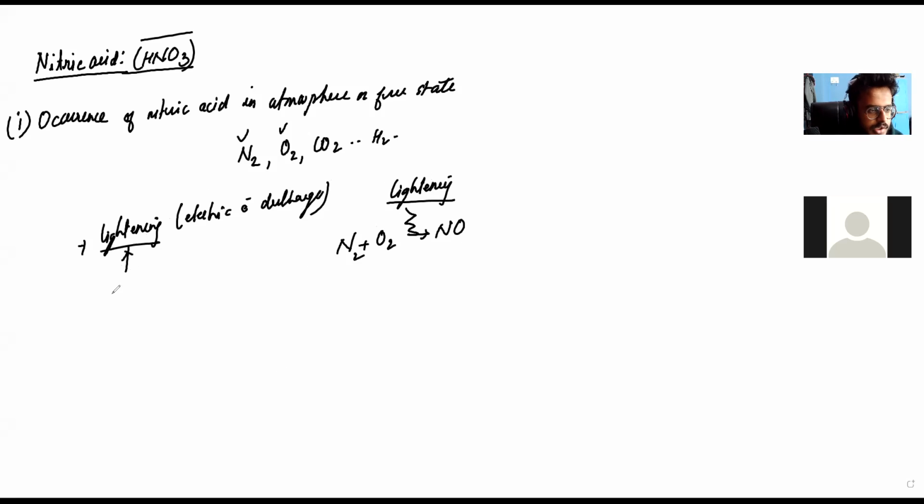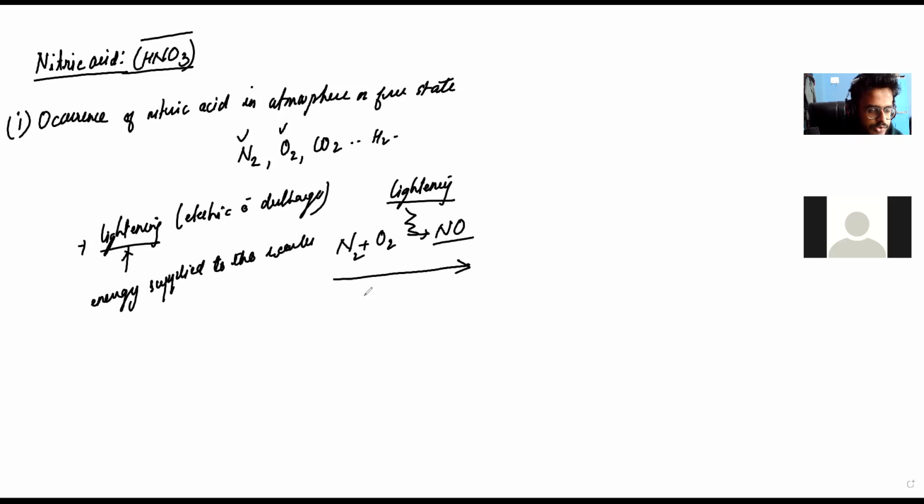Because during lightning, there is some energy supplied to the reaction, right? So when some energy is supplied to the reaction, this reaction will carry forward. This reaction will happen. So this is the first step in the formation of nitric acid, right?